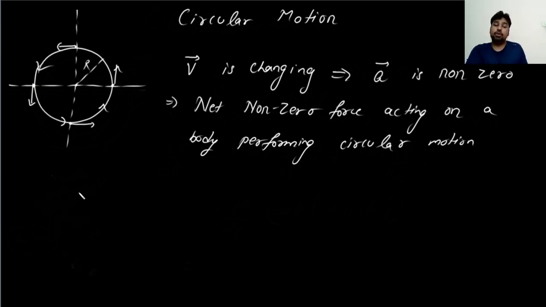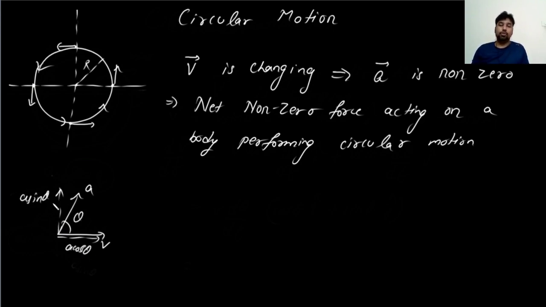Now we studied in motion in 1D that, let's say, a velocity vector is pointing like this, and the acceleration vector is something like this. This acceleration vector can be resolved into two components. Let's say this angle is theta, one component is a cos theta and one is a sin theta. We know clearly that a cos theta will try to change the magnitude of v and a sin theta will try to change the overall direction of v.